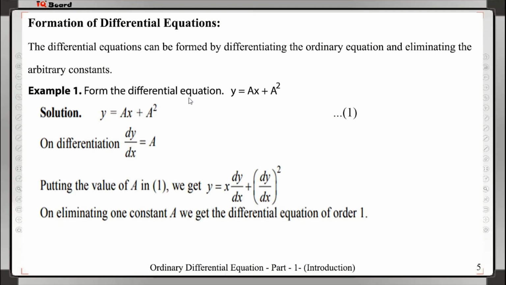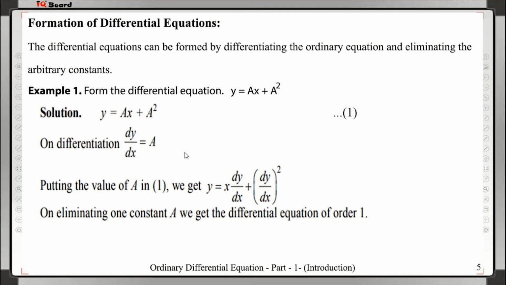So we differentiate this equation. We get dy by dx equals to a. Because the differentiation of y is dy by dx with respect to x. Differentiation of ax is a, and the differentiation of constant a square is 0.